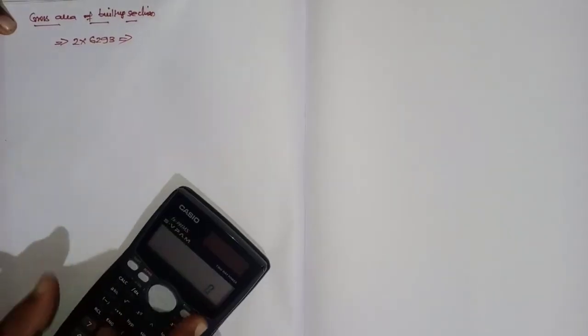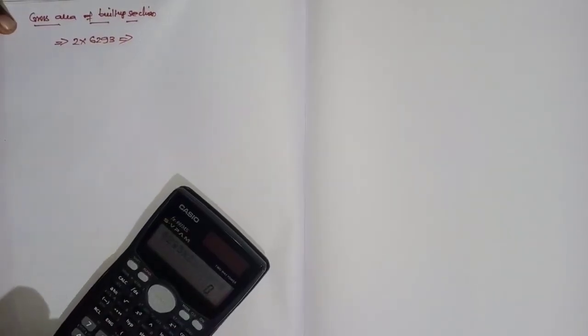That is a simple thing, 2 into the area of each section. So 6293 into 2 is 12586 mm square.